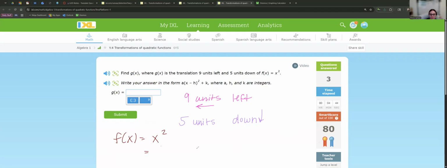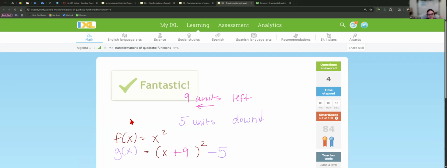So we're going to have a number either added or subtracted with x. And since we're going to the left 9 units, I will have x plus 9, in parentheses, being squared. And then to go 5 units down, I will simply subtract 5 from the outside of this. So if f of x is equal to x squared, then g of x, our translated function, 9 units left and 5 units down, would be x plus 9 squared, squared outside of the parentheses, minus 5.